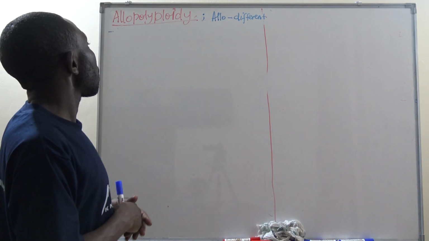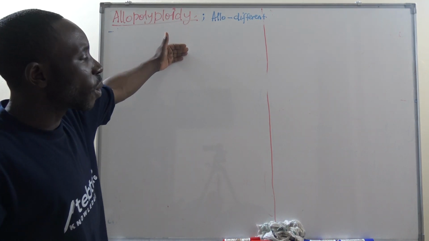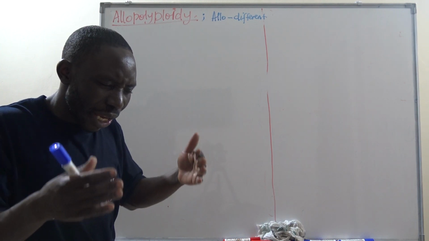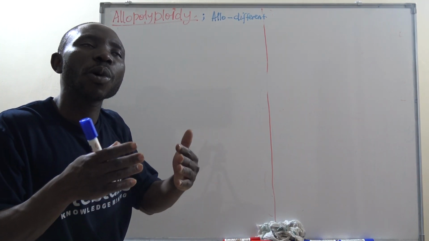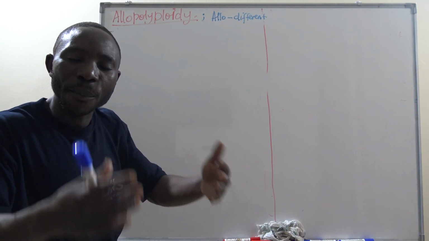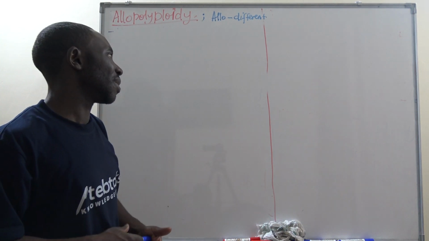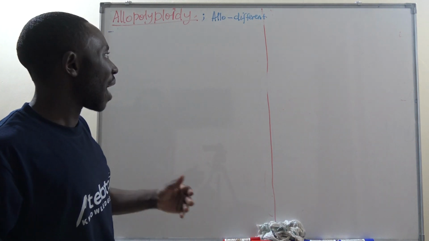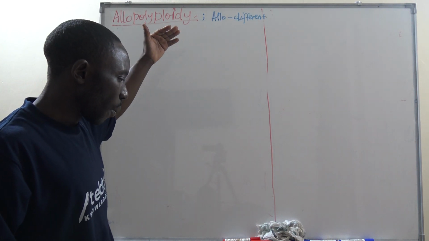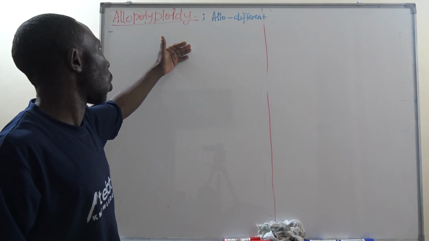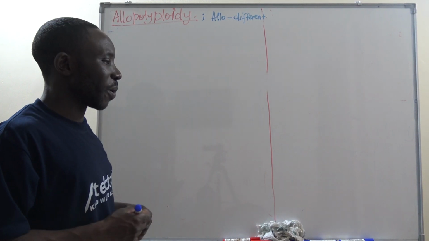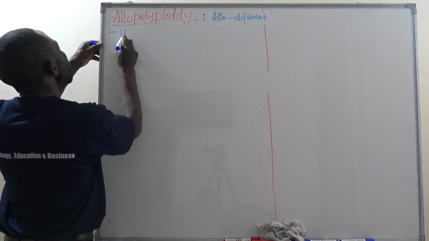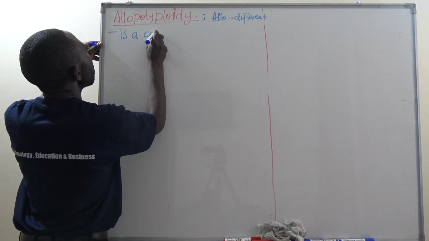So now, when the number of chromosomes within the F1 individuals or the sterile hybrids undergo chromosome doubling, what happens is that we form fertile individuals. Now, that form of polyploidy is what we call allopolyploidy.